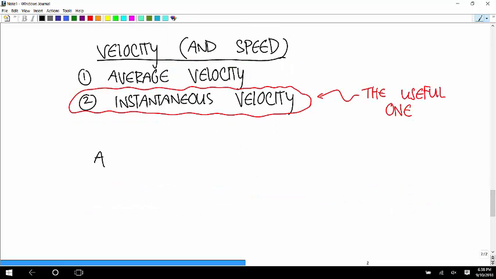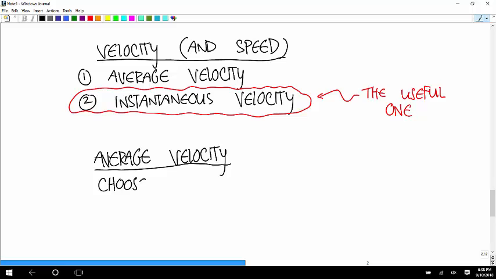Okay, so first, average velocity. And just like with displacement, average velocity only makes sense if you choose two different instants to look at, like an earlier and a later instant. So we'll choose two instants, T1 and T2.